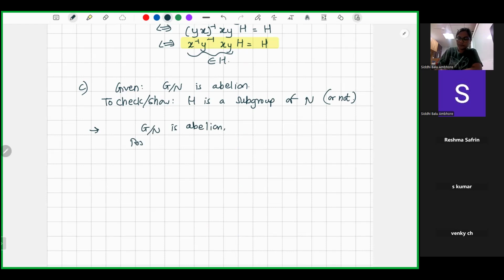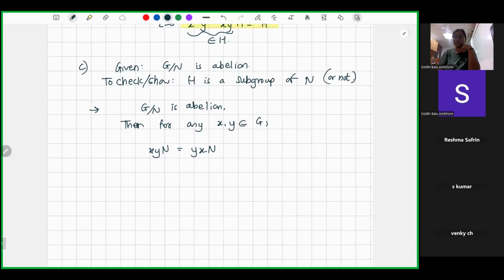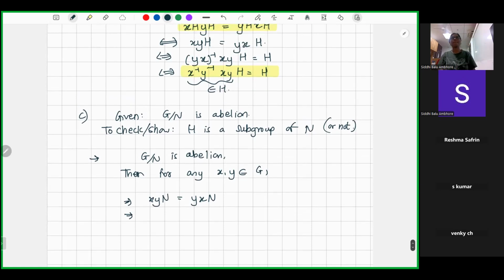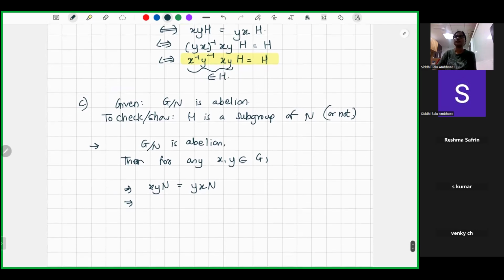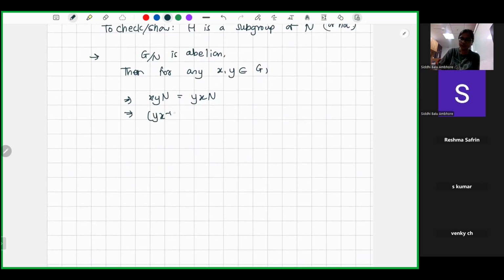So for any x, y in G, xyN is equal to yxN, right? So this will imply that y x inverse x y belongs to N. This is by definition.